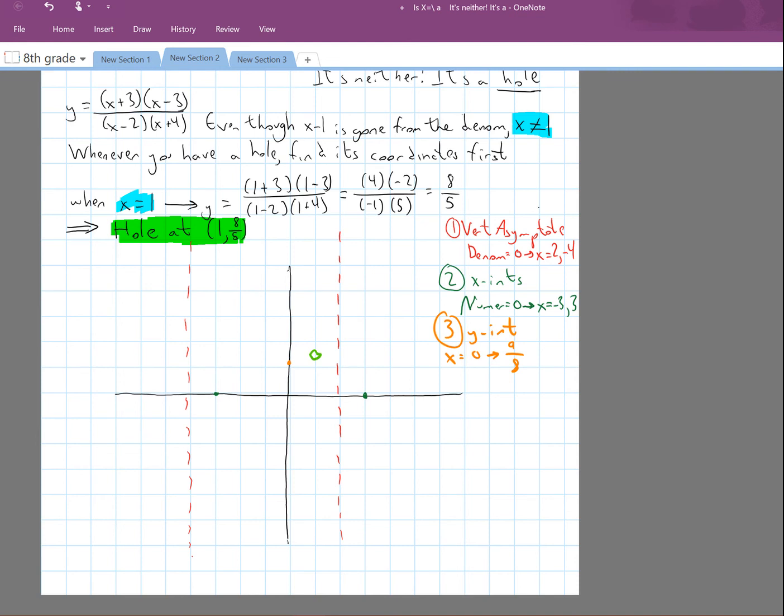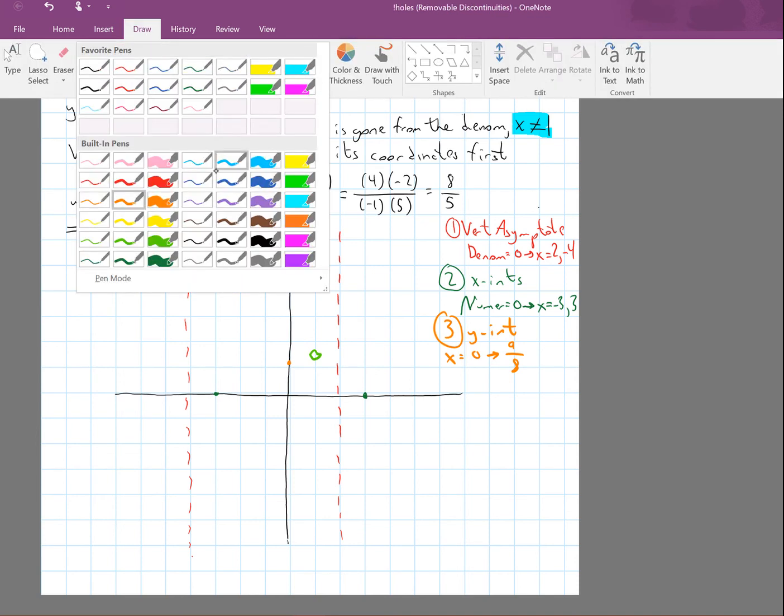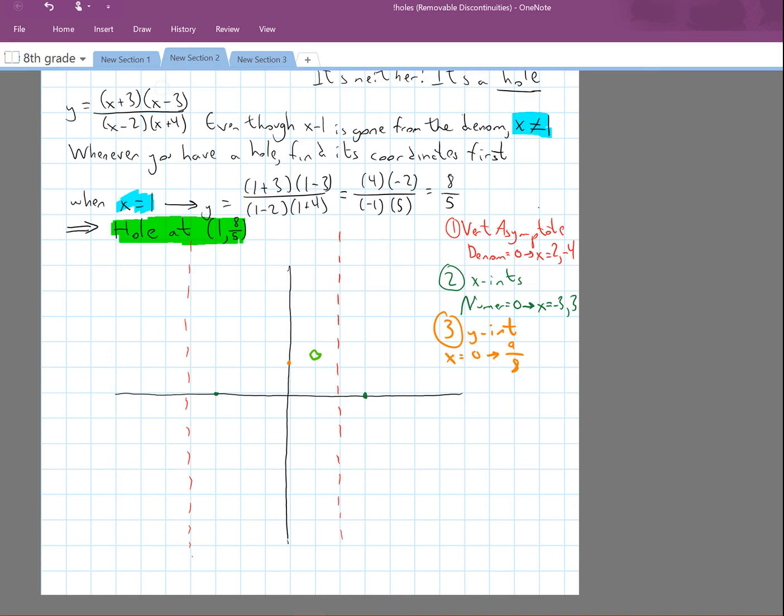All right, 4, we've been saying horizontal asymptotes just in blue. That's blue, right? Which is when we say x goes close to infinity.